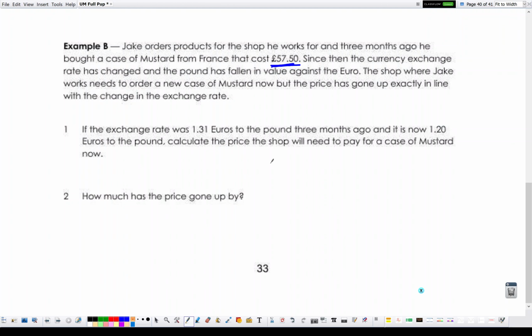So calculate the price the shop will need to pay for a case of mustard now. The new price is quite a simple calculation. All you have to do is work out the ratio of the old exchange rate to the new one. So it's just 1.31 divided by 1.20, and then you multiply that by the price that you paid 3 months ago.